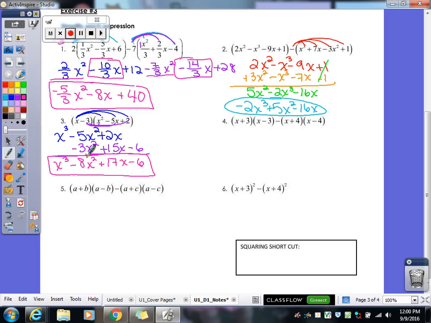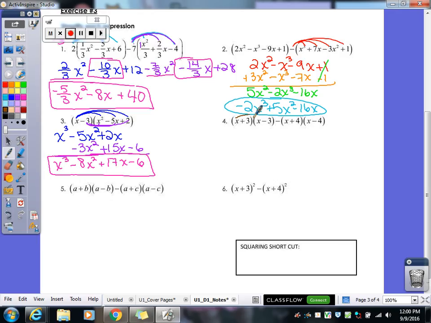What do you think we should do for number 4? Remember, if we're doing order of operations, we have a multiply, a subtract, and a multiply. So which one comes first, Brandon? I would do that after you've multiplied the two of them together. Just because then it makes it a little harder.